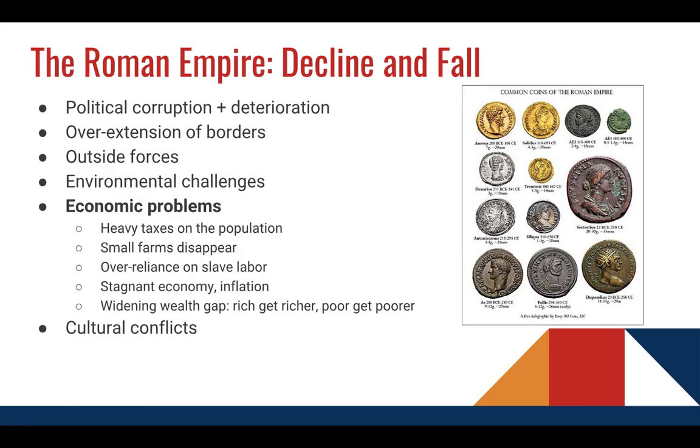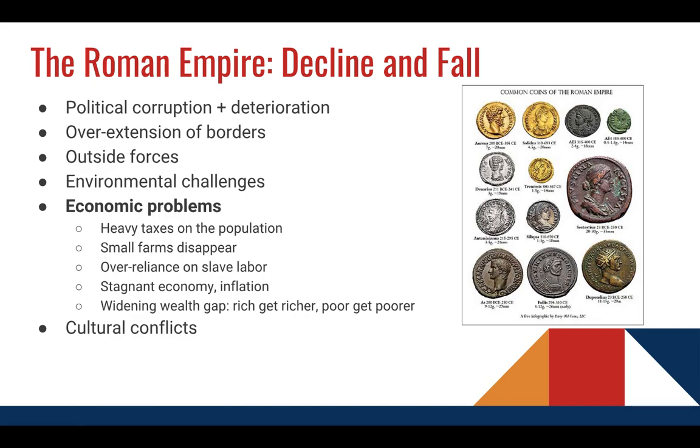So when Rome stops conquering new territory to replenish their slave population, they have difficulty producing the same amount of goods that they had in the past. Small farmers end up having to sell their land to large landowners in order to pay their taxes. And so small farms start to disappear, which means you have a lot of people who are in poverty. This widening wealth gap basically sees the rich get richer and the poor get poorer.